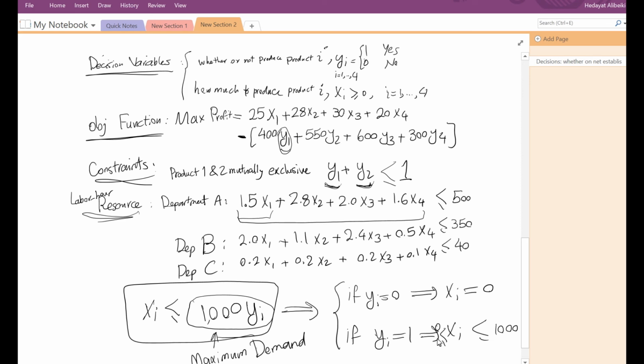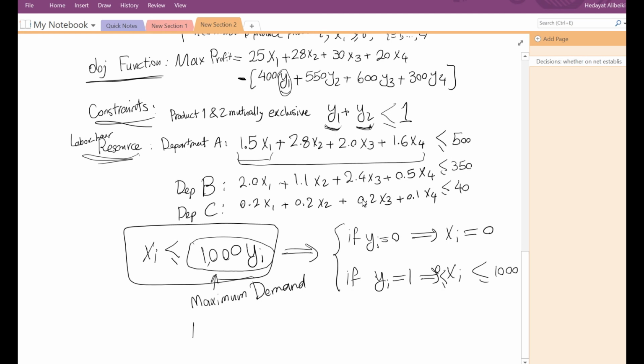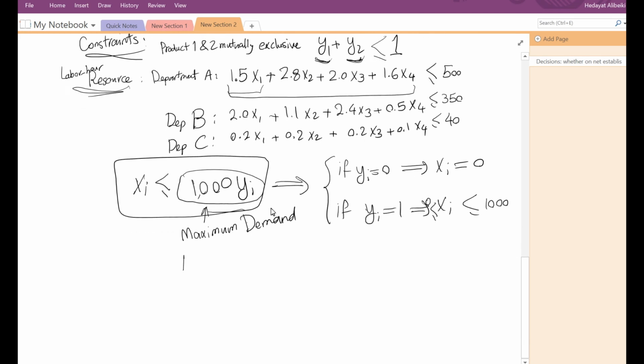Xi can be 0 and yi can be 1 here, but it's not going to happen, because if xi is 0, yi can also be 0. Since we have a negative in a maximization problem, the model is going to make it equal to 0.